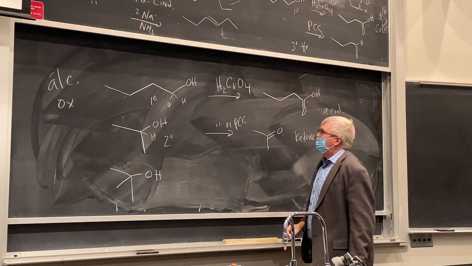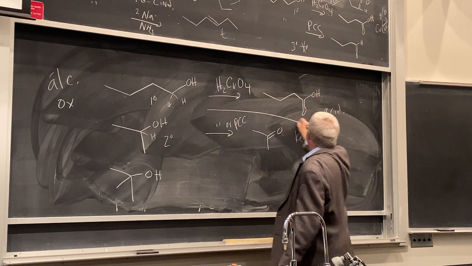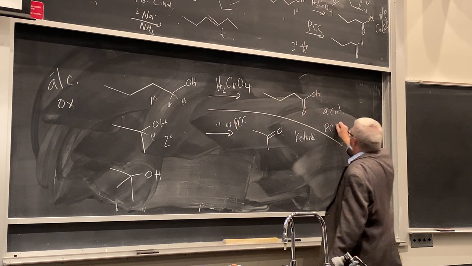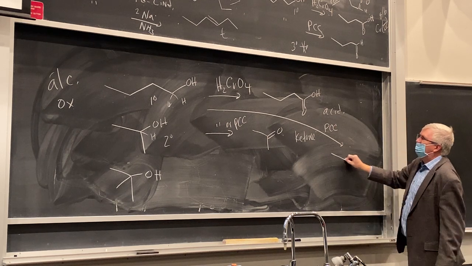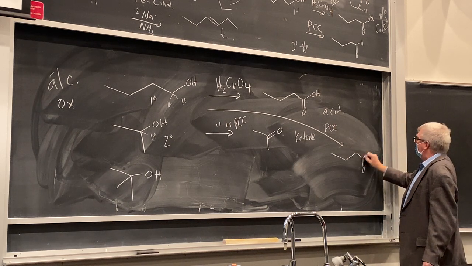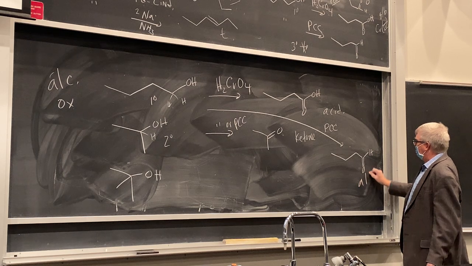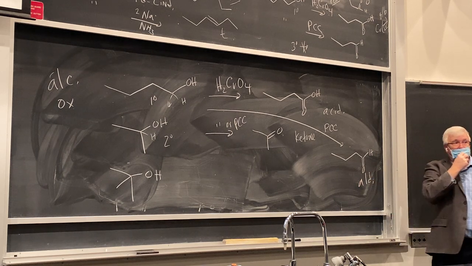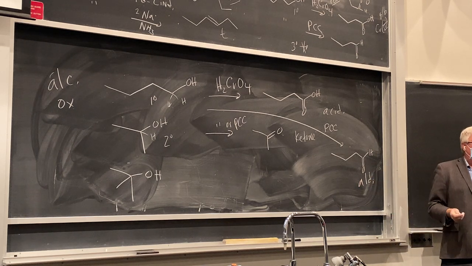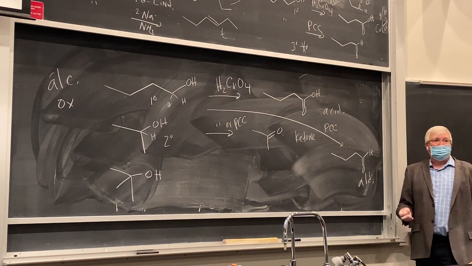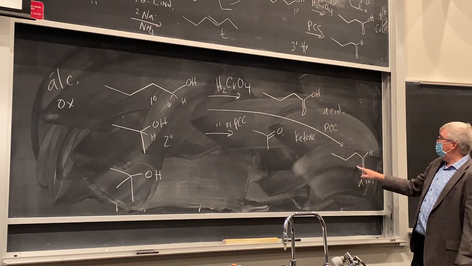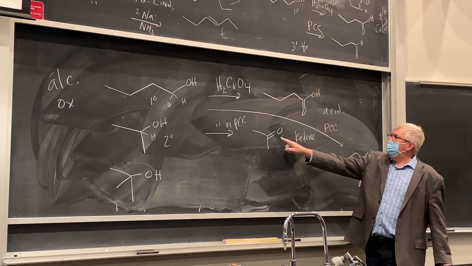Now if you use PCC with the primary there, you stop at the aldehyde. So PCC is a little more versatile. It's more expensive. It's easier to work with. We like it on small scale. It's great because we can then do the aldehyde or the ketone.